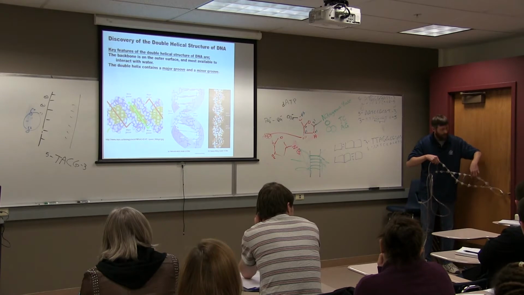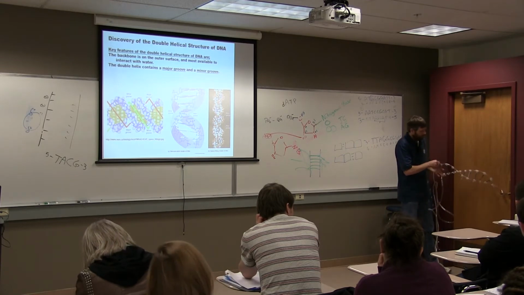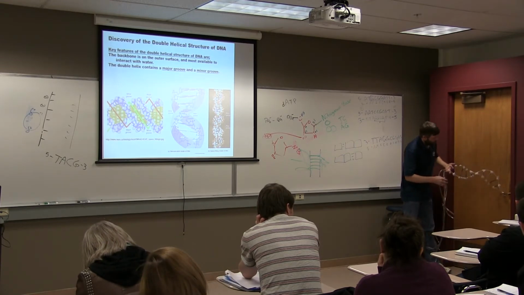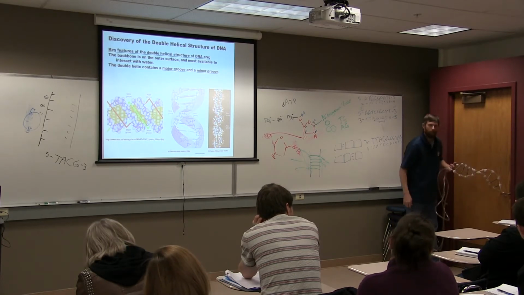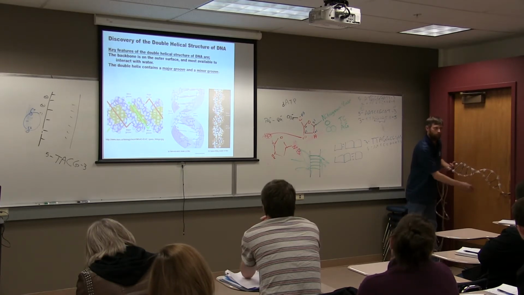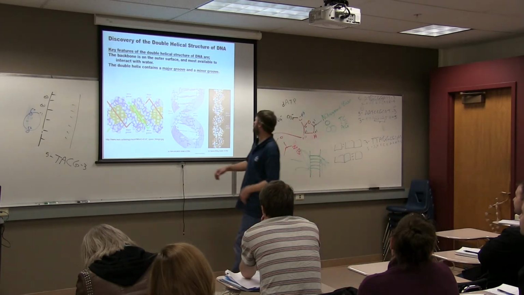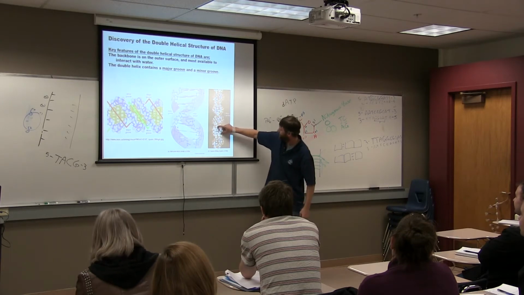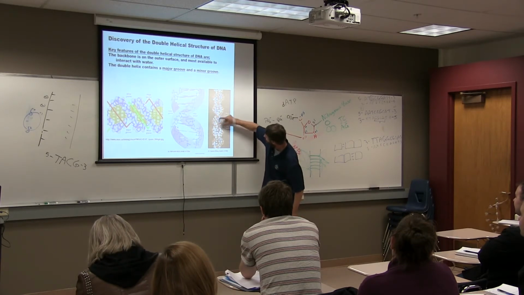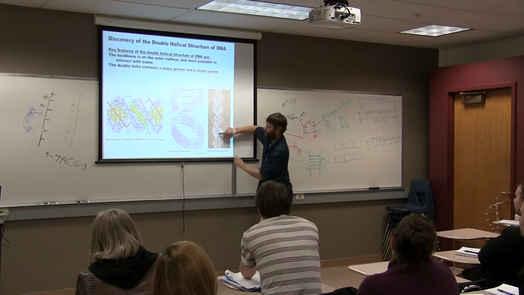This is called the minor groove, this distance here. Now, in addition, there is another groove. If this is the minor groove, this space here is the major groove. I'm going to show that to you up here. This is the minor groove, and that's the major groove. See how this is larger than this? This is smaller than this thing here.